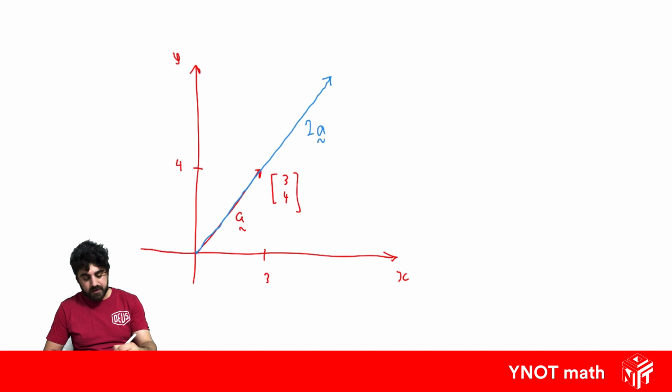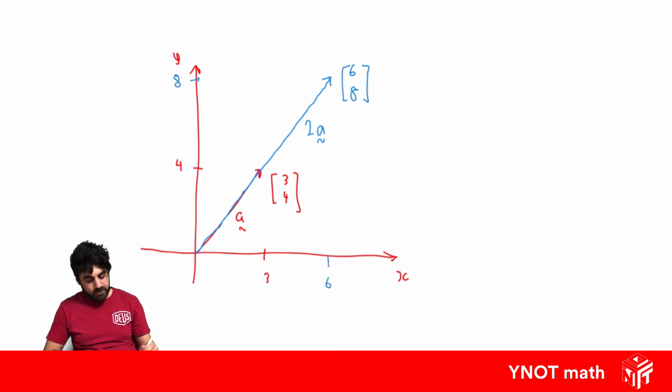And its components are just that scale factor multiplied by each of the components of the original vector. So we're just going to get 2 times 3, which is 6, and 2 times 4, which is 8, and they're our components for this vector.